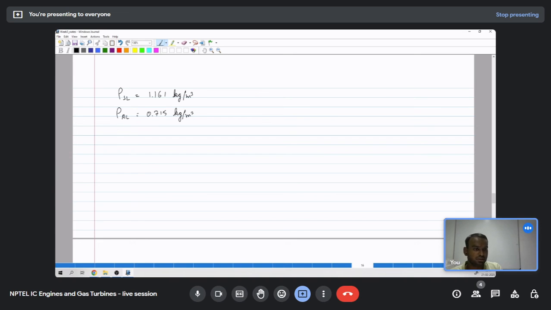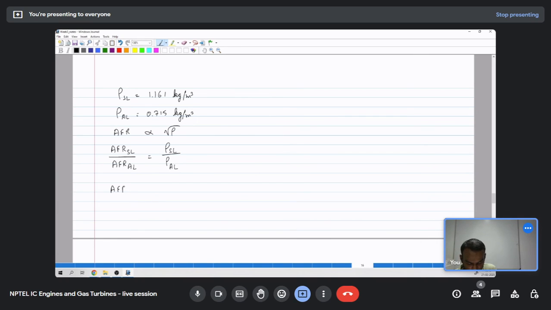From earlier derivations, you would have got to know that the air-fuel ratio is proportional to the square of density. So the air-fuel ratio at sea level by the air-fuel ratio at altitude is equal to the density at sea level by the density at altitude.